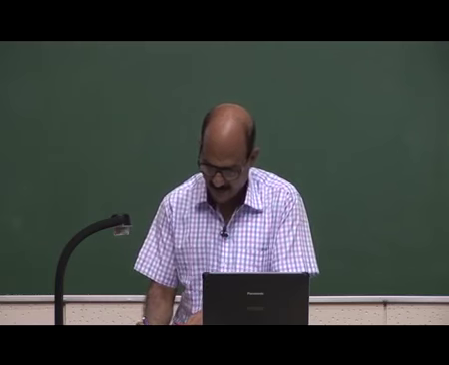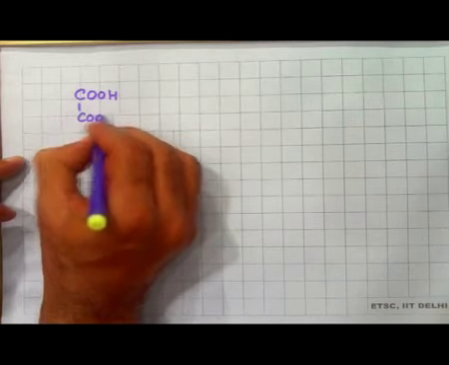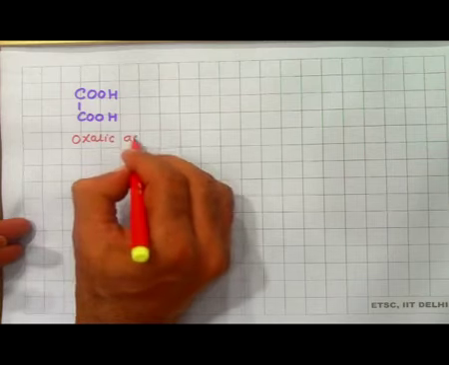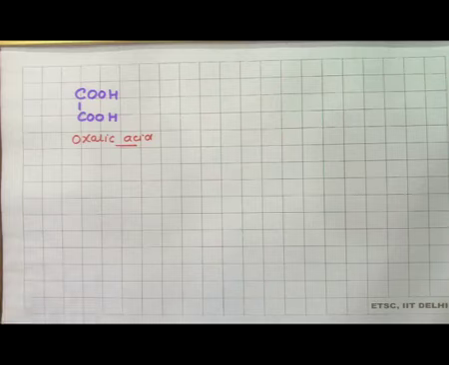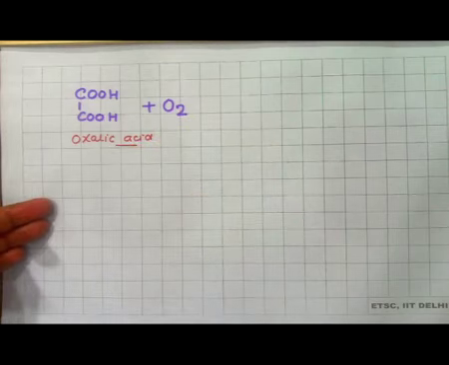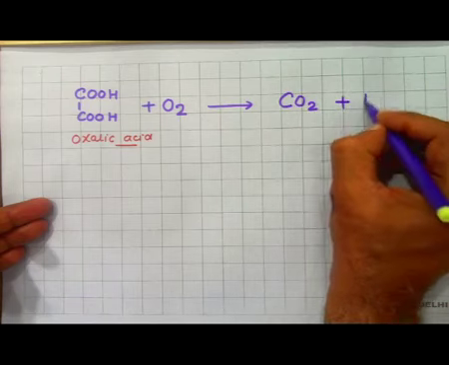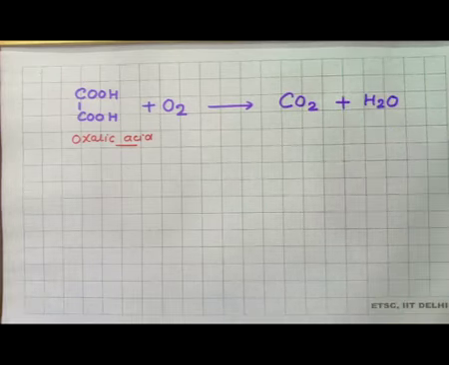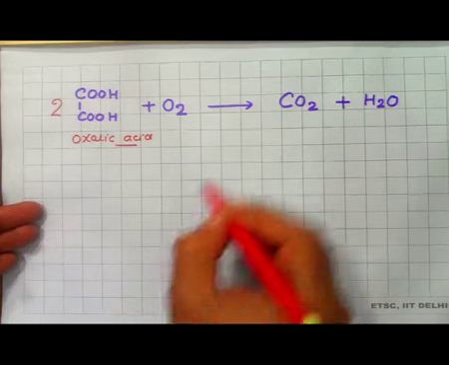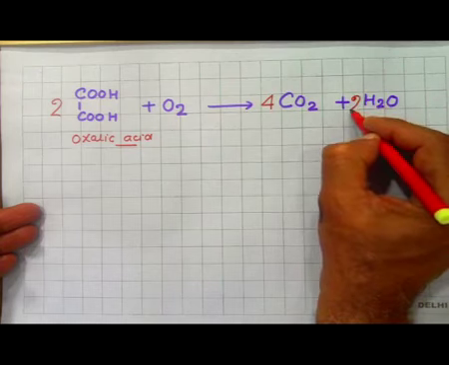Now, what happens in another reaction when we use another organic compound, like oxalic acid? When oxalic acid is oxidized, it also gives carbon dioxide and water. Balancing this reaction, 2 molecules of oxalic acid combined with oxygen give 4 molecules of carbon dioxide and 2 molecules of H2O.